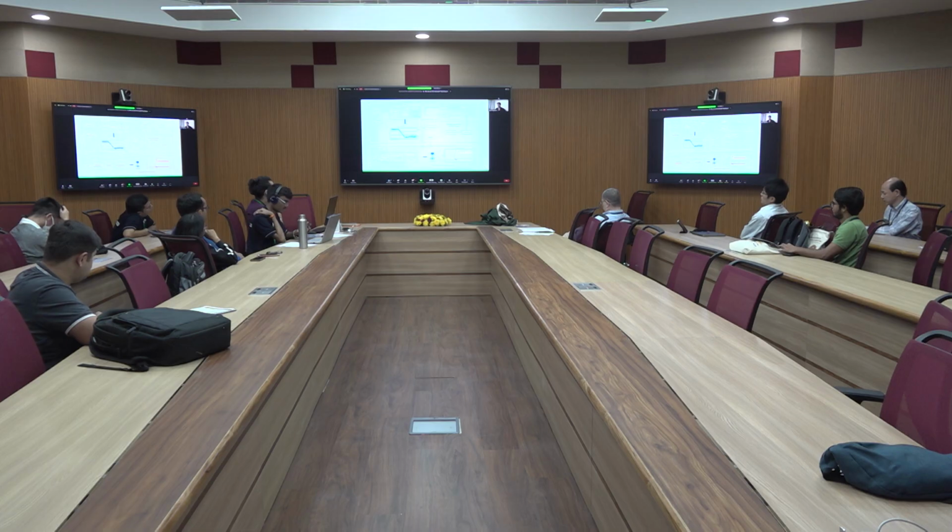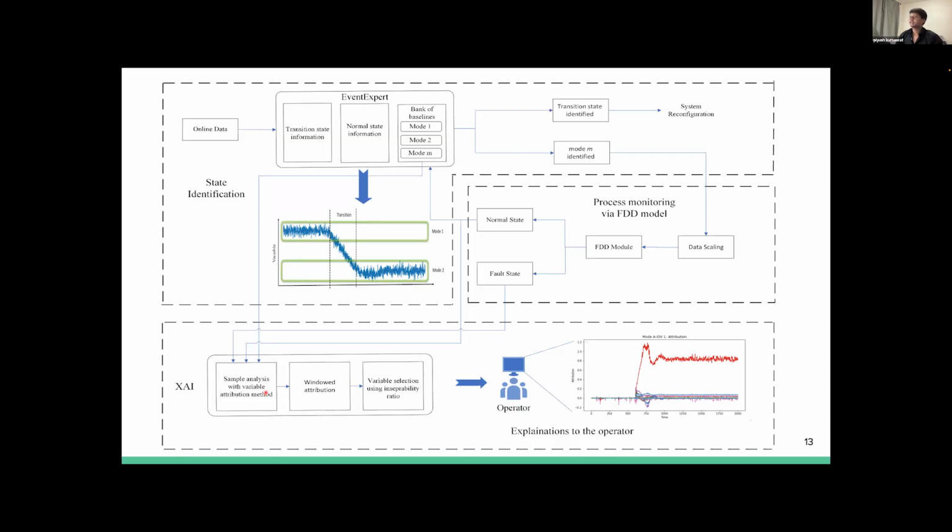First is the attribution method, which I talked about. Second is attribution over samples of time, over a window, and the variable selection using an inseparability ratio. It will tell us which variables are more important, which will be driving the decision of the deep neural network.